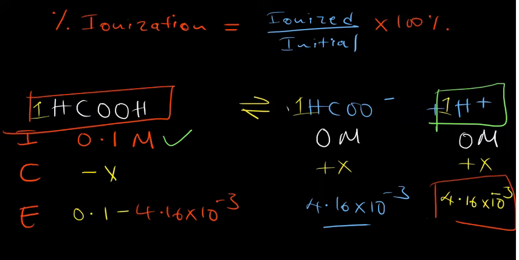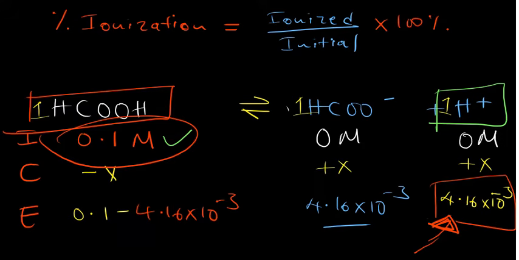Okay. So in this case, you get the equilibrium value of the acid, or rather the proton that's dissociated or ionized, and then you divide by the initial amount of the acid that you had, multiplied by 100.